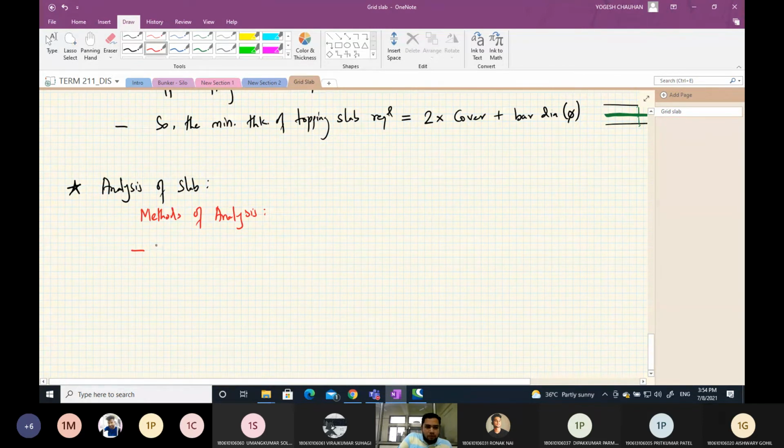The most suitable method is finite element method using computer program, or commercially available packages.